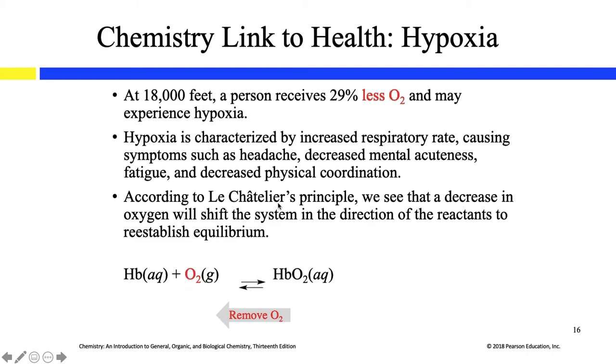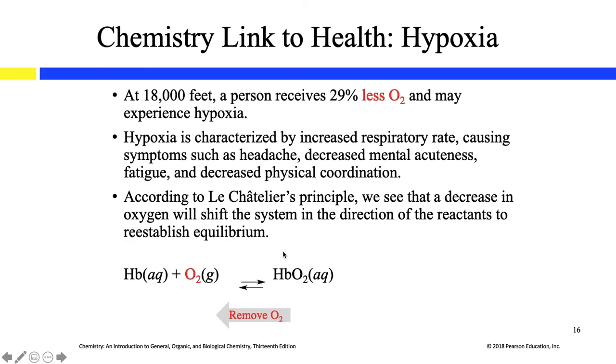Therefore, due to Le Chatelier's principle, the reaction is going to shift towards making more oxygen. So oxyhemoglobin breaks down to release oxygen and form hemoglobin. You can see then that the amount of oxyhemoglobin is smaller. The amount that goes around in the tissues is less than what it should be, and therefore you have less oxygen going to the tissue.